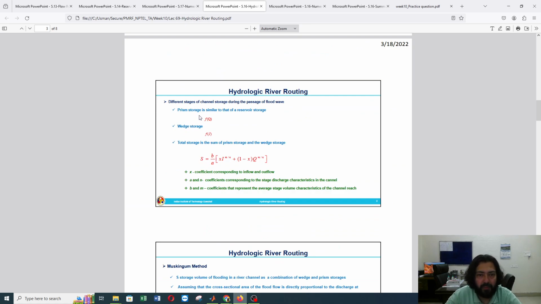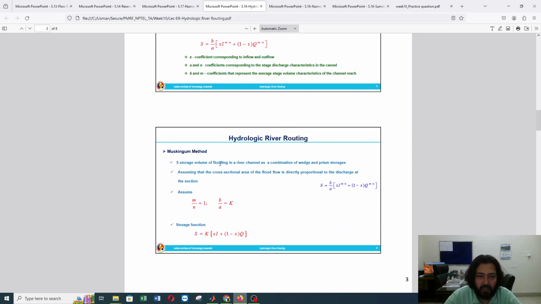Prism storage is similar to a reservoir storage, whereas wedge storage is a function of inflow. And we know that in channel routing, the total storage is the sum of both prism storage and wedge storage. So this is the equation which takes into account inflow as well as outflow.